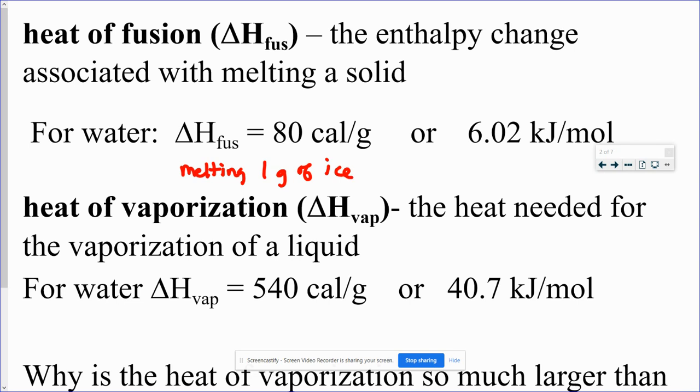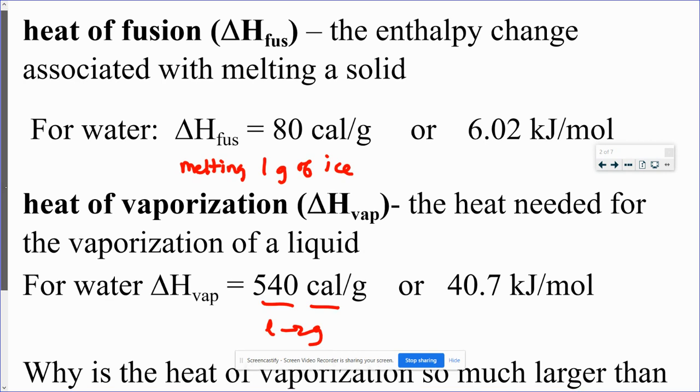If we're going to vaporize 1 gram of liquid water, it takes 540 calories to take liquid water to gaseous water. In kilojoules per mole, it's 40.7 kilojoules per mole. So you can see there's a lot more heat needed to vaporize 1 gram of water versus melting 1 gram of ice.